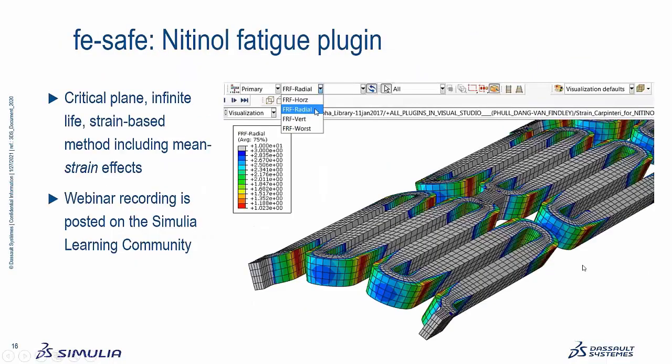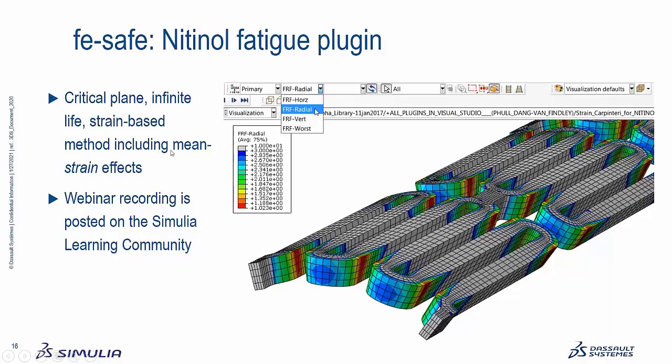Nitinol is often used in, this is a little element model of a stent that's put into your arteries. We offer a plug-in. It's not native. We offer a plug-in to do infinite life strain-based method fatigue.